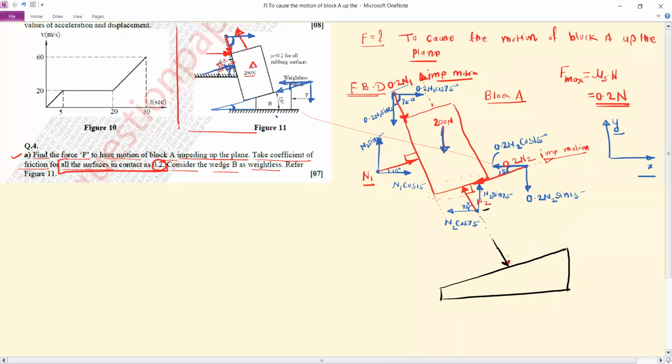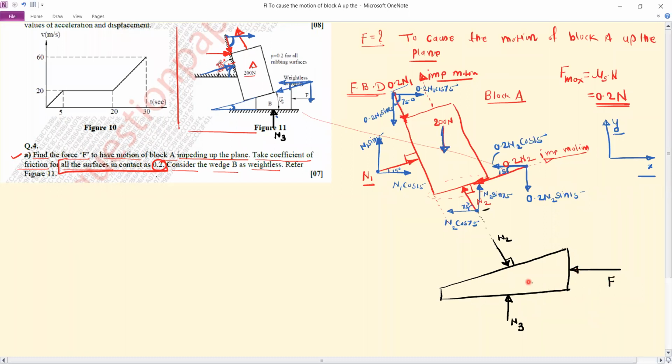So this is the common reaction N2. Just the direction is opposite. This reaction N2 will be perpendicular to the contact surface. Next, we have the reaction offered by the ground to the wedge B. That reaction we can consider as N3. So this is the normal reaction N3. Then we have the external force, which is F.